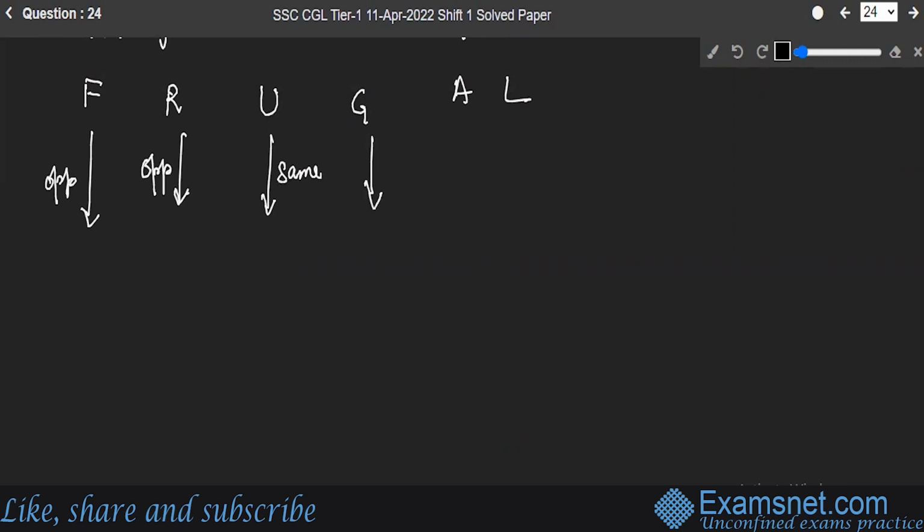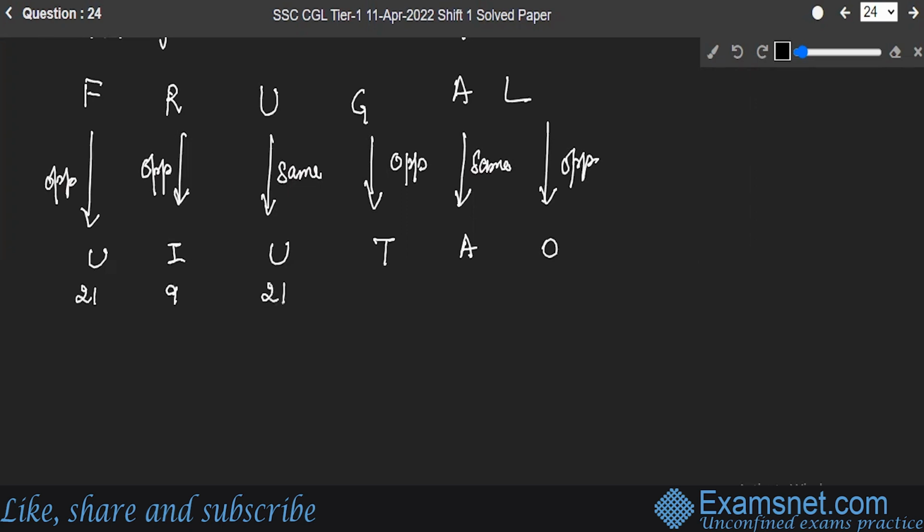This is a consonant, I'll take the opposite. Same. And for L, I'll take the opposite again. The opposite alphabet to F is U, then I, then U because this is the same one. Then the opposite of G is T, A, O. Let's write down the place values of them: 21, 9, 21, 21, and 15. Now you have to write them in the reverse order.